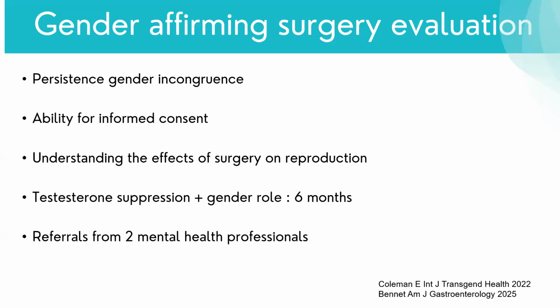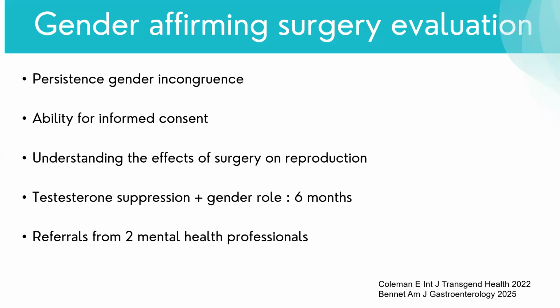Of course, they also need to have given informed consent, but that is a bit in dispute, especially in areas of the world in which prepubertal children are evaluated for gender affirmation surgery. As I said, that's still in dispute in other areas of the world. And then patients need to understand the effects of the surgery on subsequent reproduction.